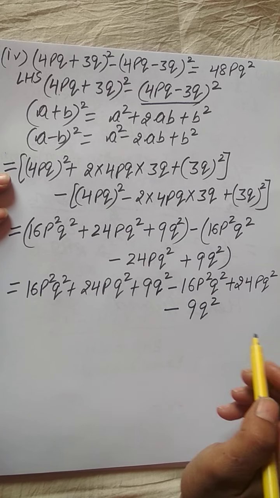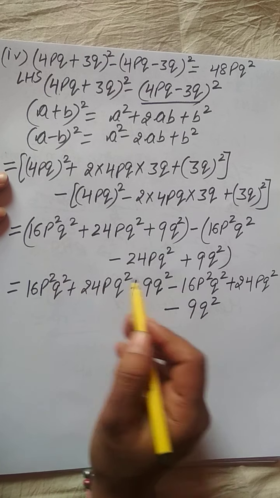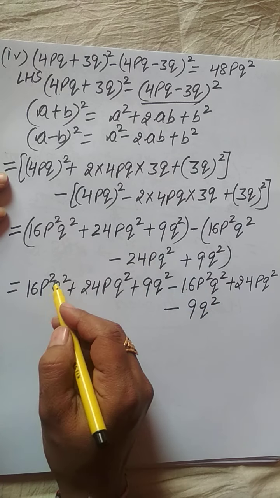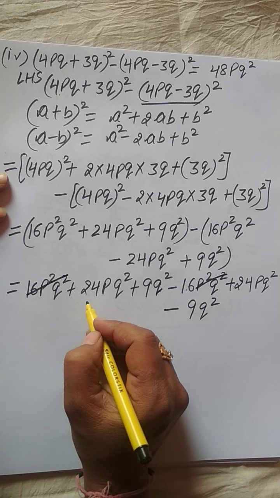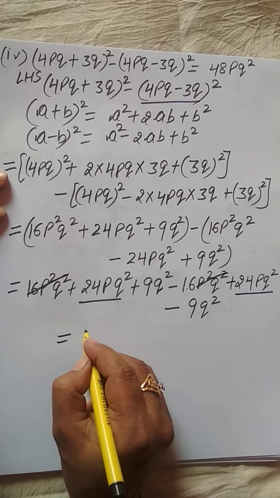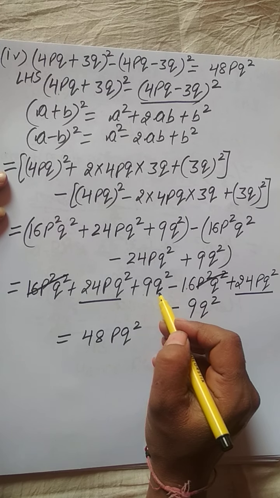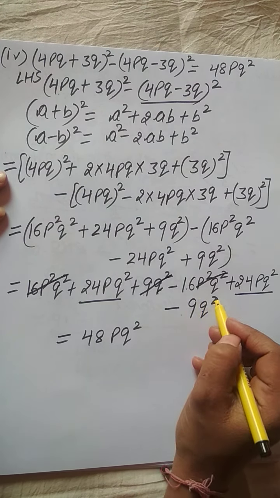Now see the like terms. Here this is plus 16p²q², this is minus 16p²q², so they will cancel each other. Plus 24pq² plus 24pq² is 48pq². Now plus 9q² minus 9q² cancel each other.